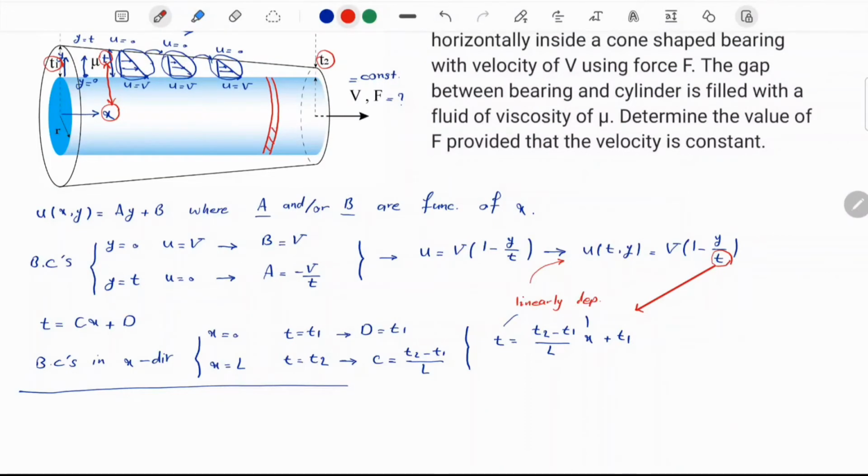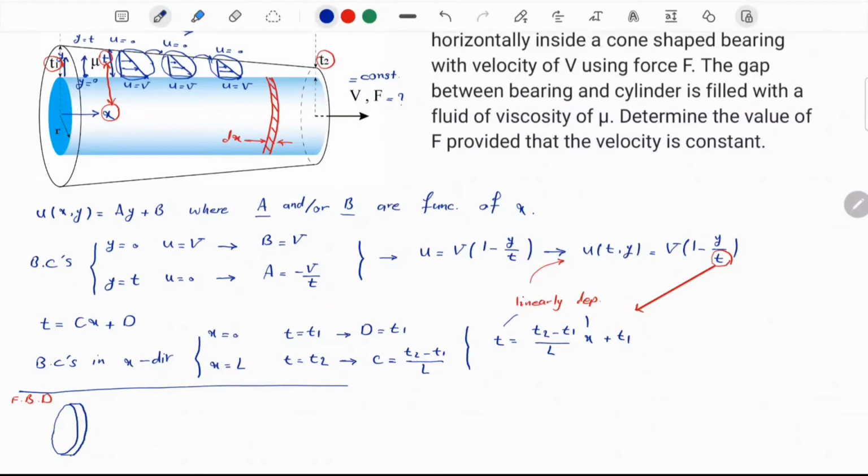This is our differential ring around our cylinder with a thickness of dx. Now, what do we have when we have a free body diagram? Free body diagram for our ring. This is our ring, and we have a free body diagram for it.